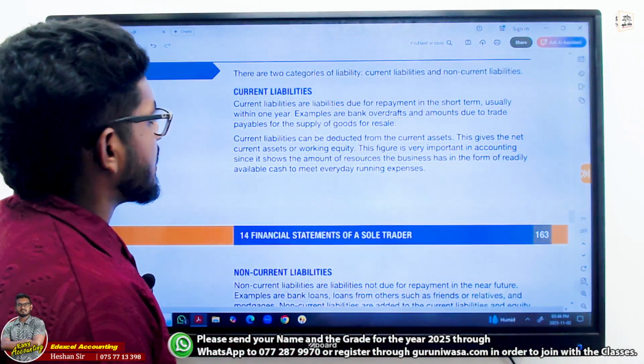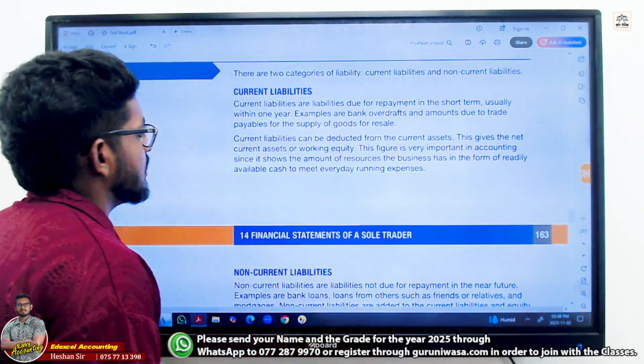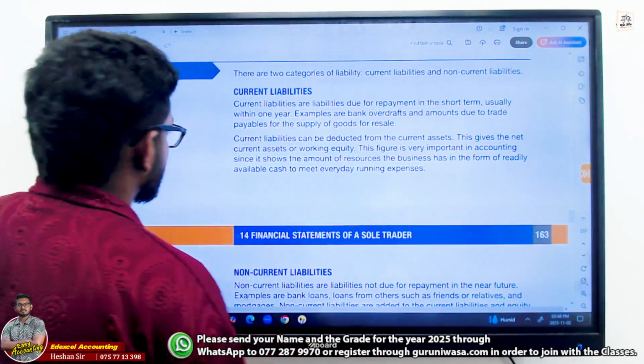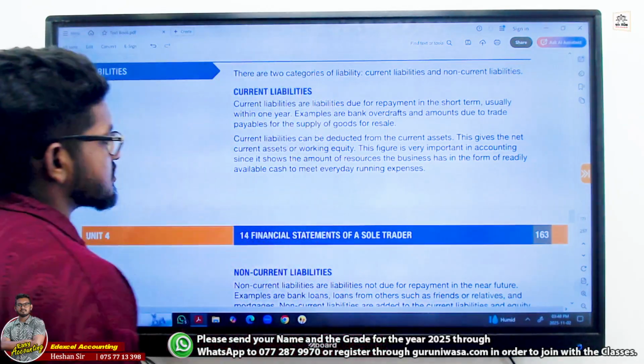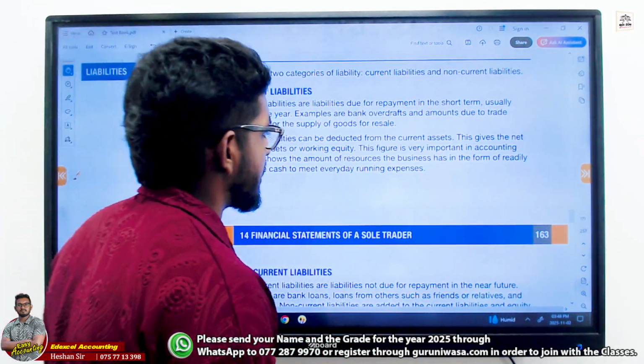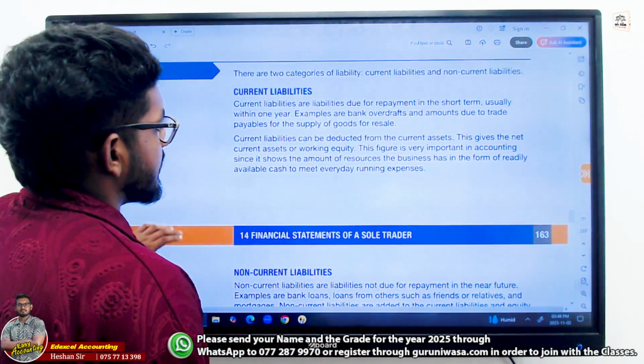Right? Current liabilities can be deducted from the current assets, which gives the net current assets or working capital. This figure is very important in accounting since it shows the amount of resources the business has in the form of readily available cash to meet day-to-day running expenses.